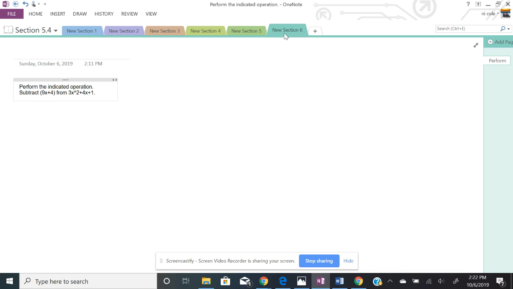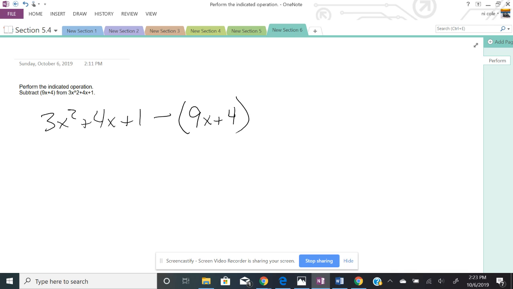So subtract 9x plus 4 from 3x squared plus 4x plus 1. So I have 3x squared plus 4x plus 1, and I'm going to subtract 9x plus 4. Okay, so again, let's get rid of that parentheses first.